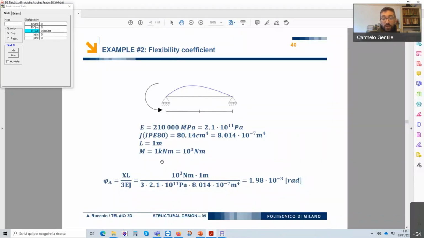And if we substitute all these terms into the analytical expression of the rotation in the node 1, that is the flexibility coefficient associated to this load condition, with this value of the Young's modulus, that is the one of the steel, the one that we have defined also in the software, this section with this inertia moment, this length and this moment applied, the rotation in the node 1, in the node A, will be this, and substituting the terms, I find 1.98 times 10 to the power of minus 3.